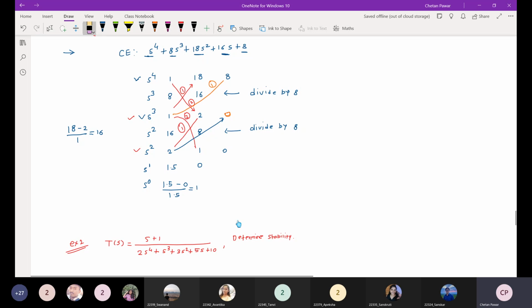So I replace this term with 1. Okay, so now I have formed all the elements of the first column. I will check their signs and determine how many poles will lie in the right hand side of the S plane. Okay, so I will just take the first column here.